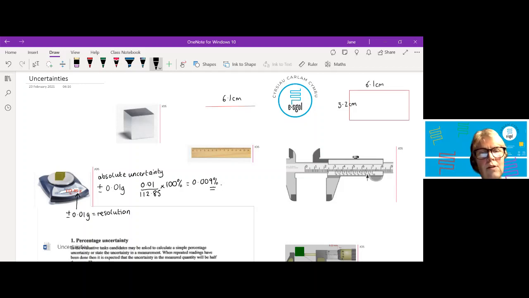Usually all the uncertainties, whether they're absolute or percentage uncertainties, we quote to one significant figure. But there is an exception to this. If for any reason the number starts with 1, wherever that 1 is, it doesn't matter where in terms of decimal places, we give it to two significant figures.